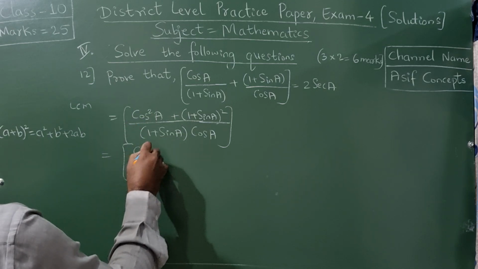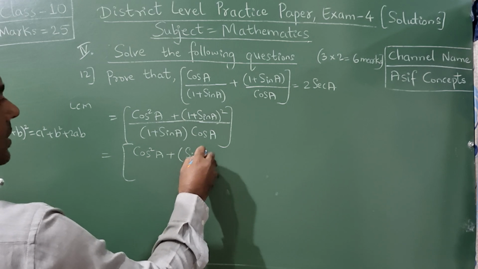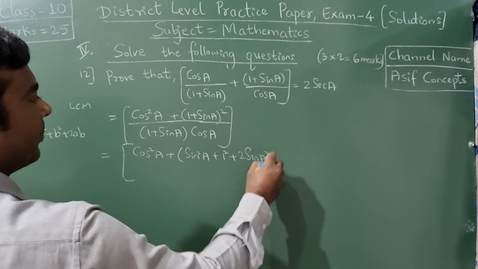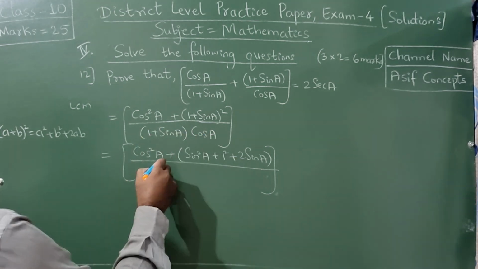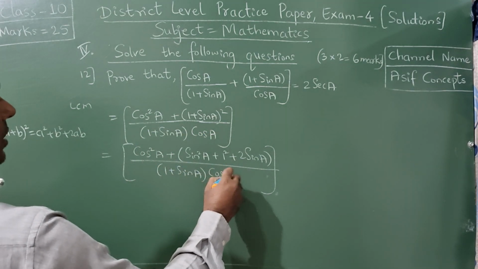So this is cos square A plus I am going to write sin square A plus 1 square plus 2 sin A divided by the denominator part as it is, 1 plus sin A into cos A.